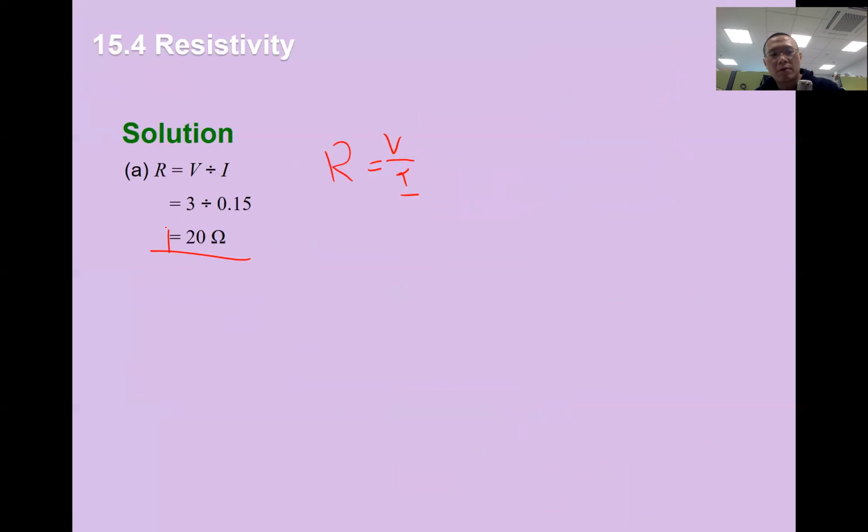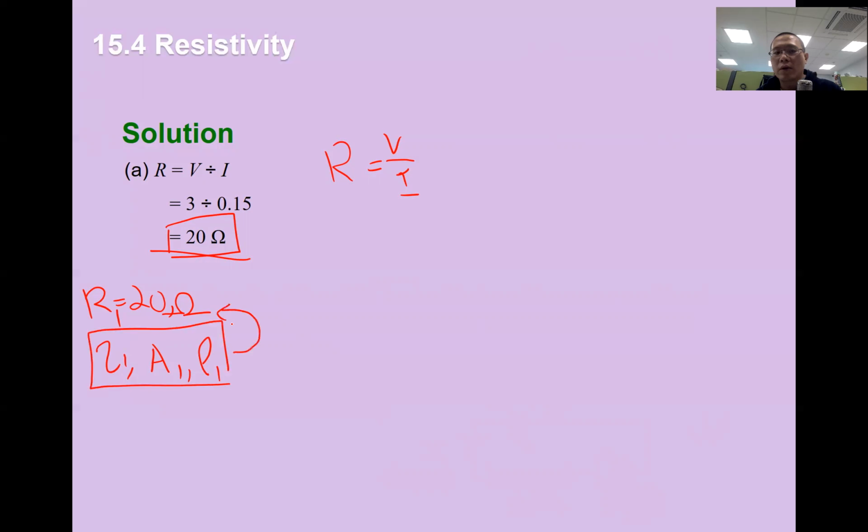This particular cable, at R equal to 20, has a certain length and a certain cross-sectional area. With a certain length, a certain area, and a certain material, it gives rise to a resistance of rho L over A.